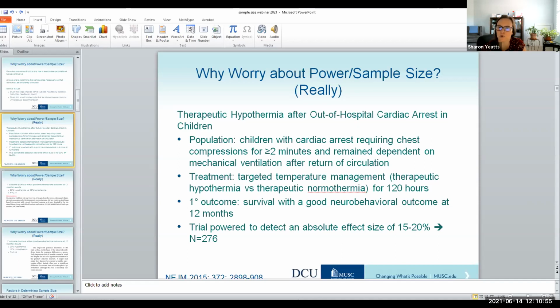So therapeutic hypothermia versus therapeutic normothermia. And the primary outcome was survival with a good neurobehavioral outcome at 12 months. The trial sample size was 276 children, and it was powered to detect an absolute effect size of 15 to 20%. So all of this comes from the New England Journal article, the references at the bottom of the slide.